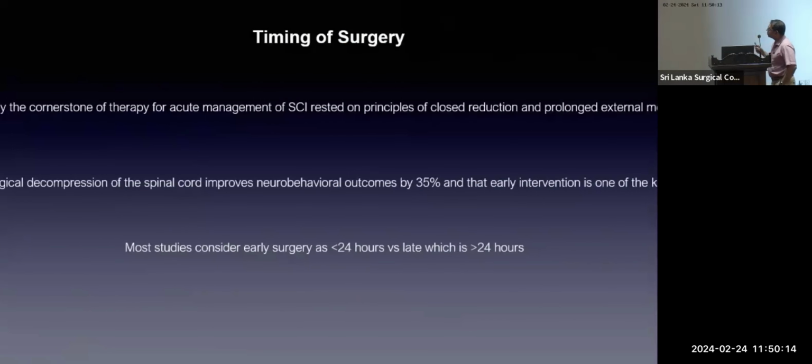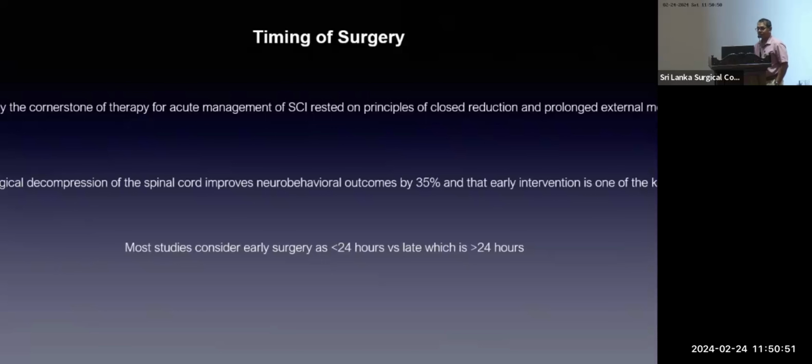So next was the timing of surgery. Now, someone did tell that the timing of surgery done early does improve the outcome. Now, historically, therapy for spinal cord injury was closed reduction and prolonged external immobilization in bed.